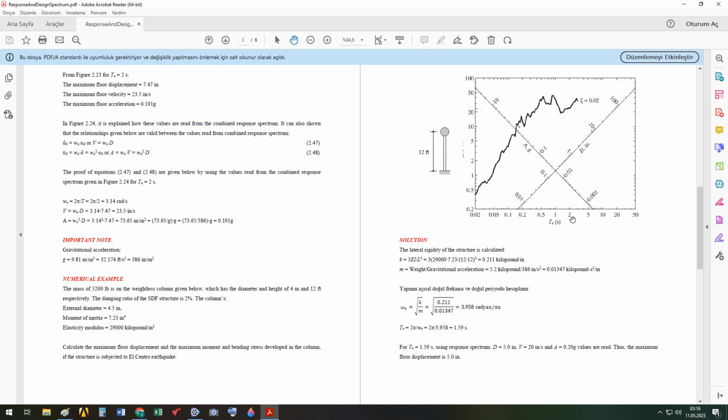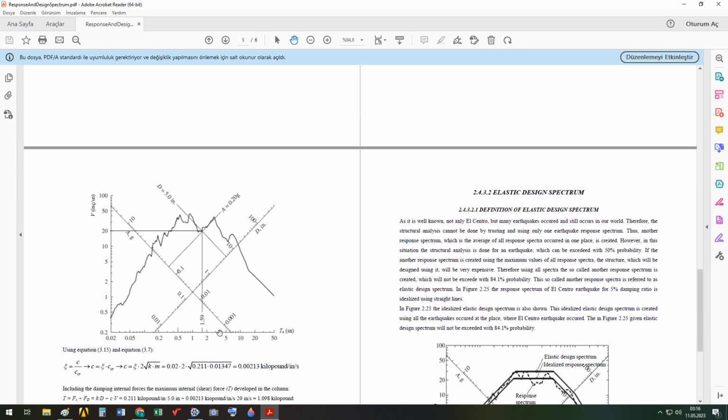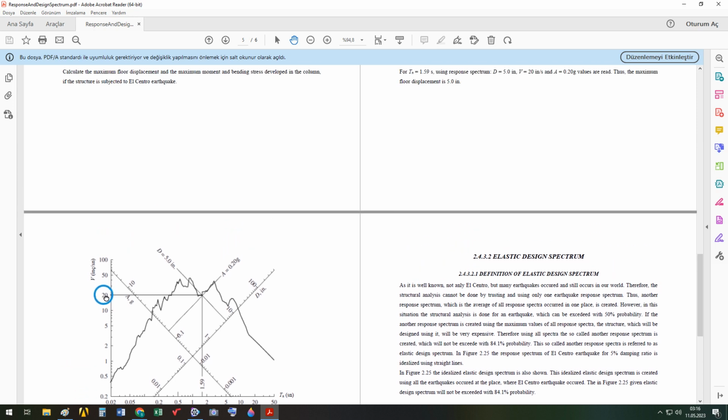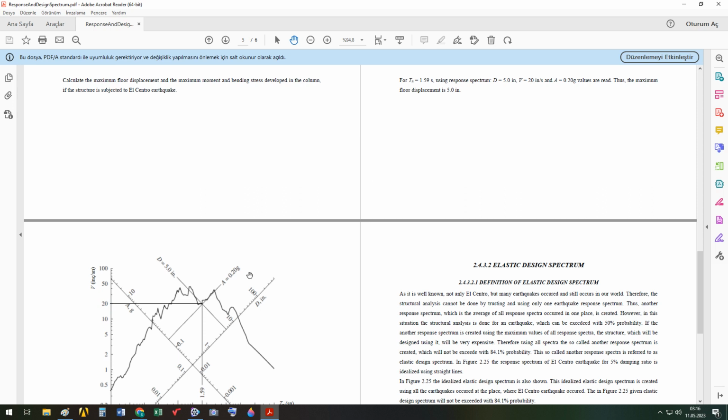So from 1.59 seconds, which is the natural vibration period of our structure, we will obtain the maximum floor displacement, velocity, and acceleration values. From here, we draw a perpendicular to the curve and find a point. Then from this point, we draw a perpendicular to the velocity axis and obtain the velocity, which is 20.